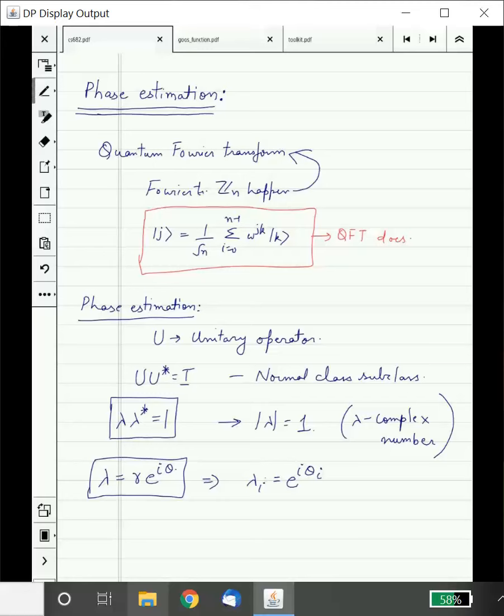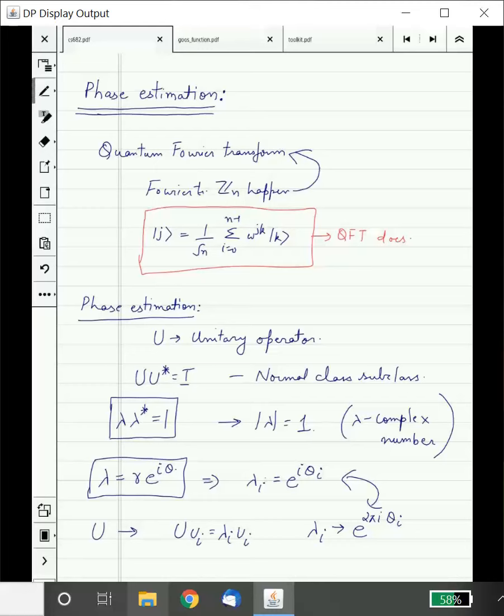Let's do some normalization and say that for a unitary U, if U ui is equal to lambda i ui, that means ui is a normalized eigenvector, then every lambda i corresponds to some eigenvalue which is of this form, e to the power 2 pi i theta. Notice that there is not much difference here. I have absorbed a factor of 2 pi in the definition of theta. That should not trouble you.